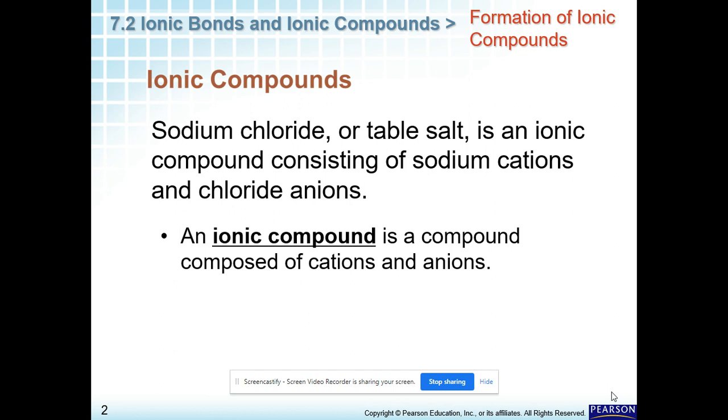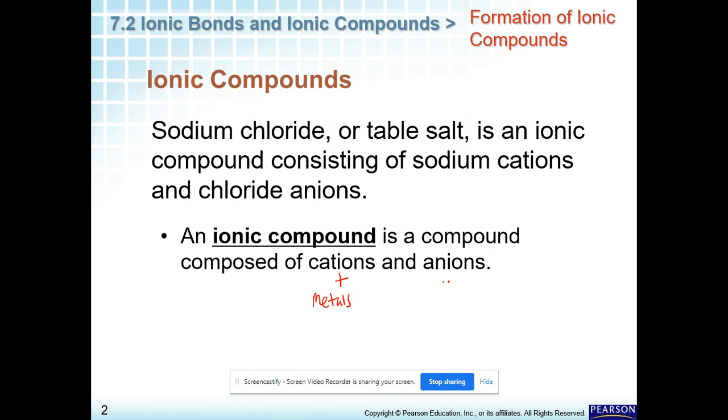To define ionic compound, you would define it as a compound that's composed of cations and anions. This is why it was so important in Section 1 to teach you what a cation and anion are and for you to be able to find charges of different elements. Let's review. As a general reminder, cations are going to be positively charged, and these are going to be mostly composed of metals.